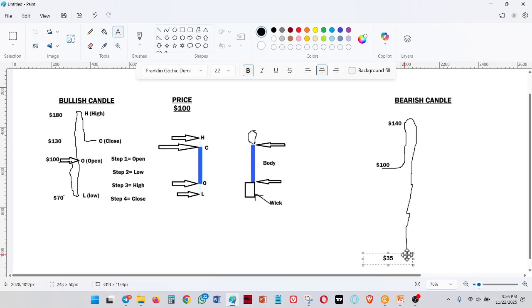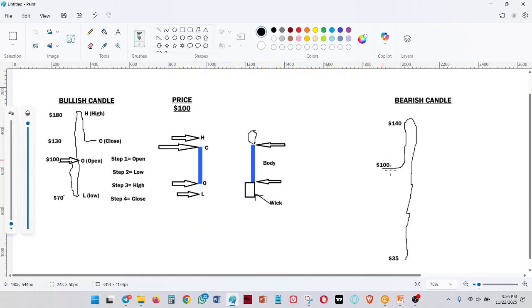They brought it down to $35. And the bulls came in and said, come on guys, this is not fair. Why will you crash $100 to $35? We are going to pump it up. And the bulls came, took over, pumped it somewhere here, and ended it here.